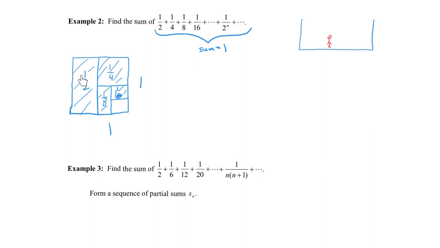The area of this square is exactly 1 square unit. So when we add all these areas together, we could continue indefinitely, an infinite number of times, and we're still trapped in the area of 1.